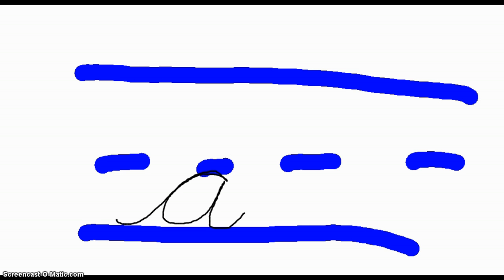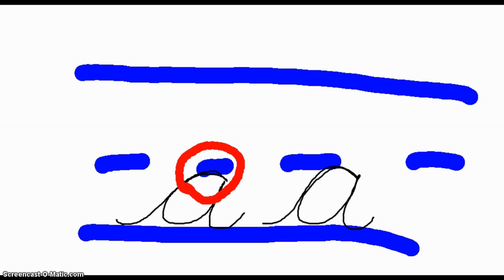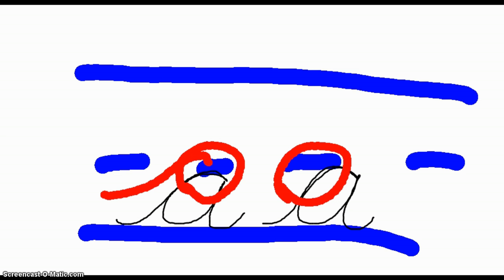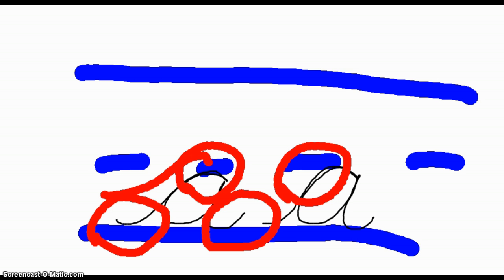Okay? So, for your independent practice, you need to do this same thing here and form your lowercase letter A several times, showing me starting and swooping up to that plane line. I shouldn't see any gaps like I have here, but I should definitely see the slant in your writing, and I should see the tails in the front and the back.